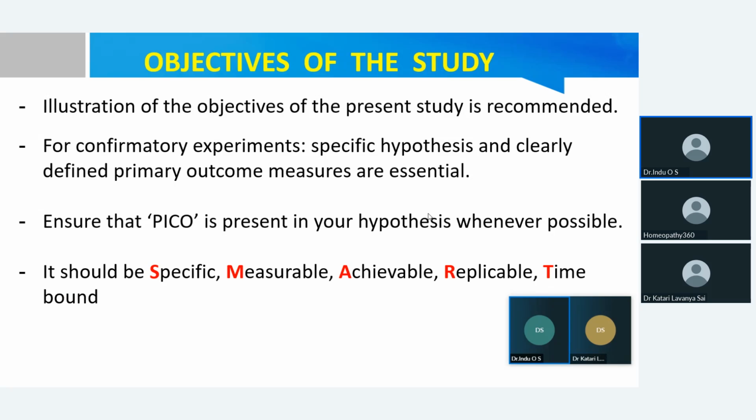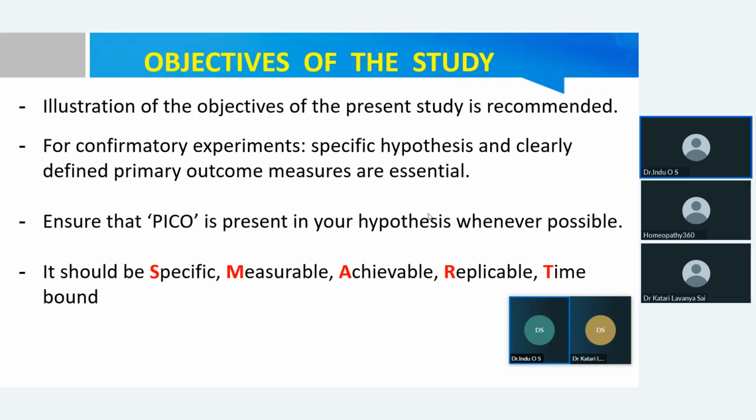Under materials and methods, we will give the details about the time duration of study. Duration of study may be 1 year, or if you are doing an internship it should be 1 year. If you are doing STSH research it should be 6 months or 1 year. Or if you are doing it for a university, as per their guideline, the time duration they mention, within that time duration we have to achieve that particular objective. So like that we have to set our objective, and it should be replicable.